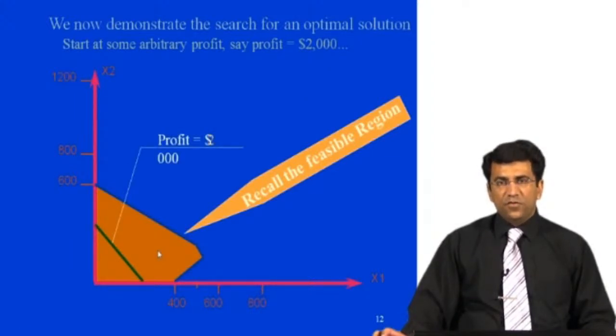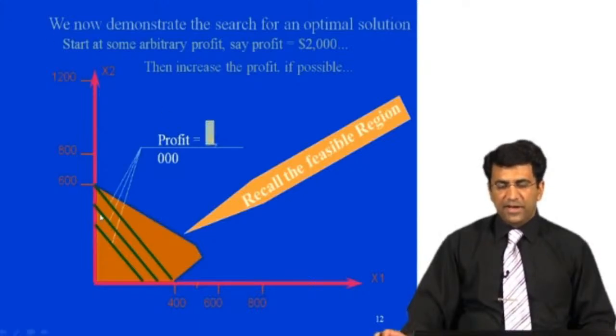So again in the profit function we will put the profit equal to 2000. Then by putting x1 equal to 0 and then x2 equal to 0, we will have the 2 points, and we can draw this profit line which is within the feasible region. Then again if we increase that profit up to 3000, we will have another point.